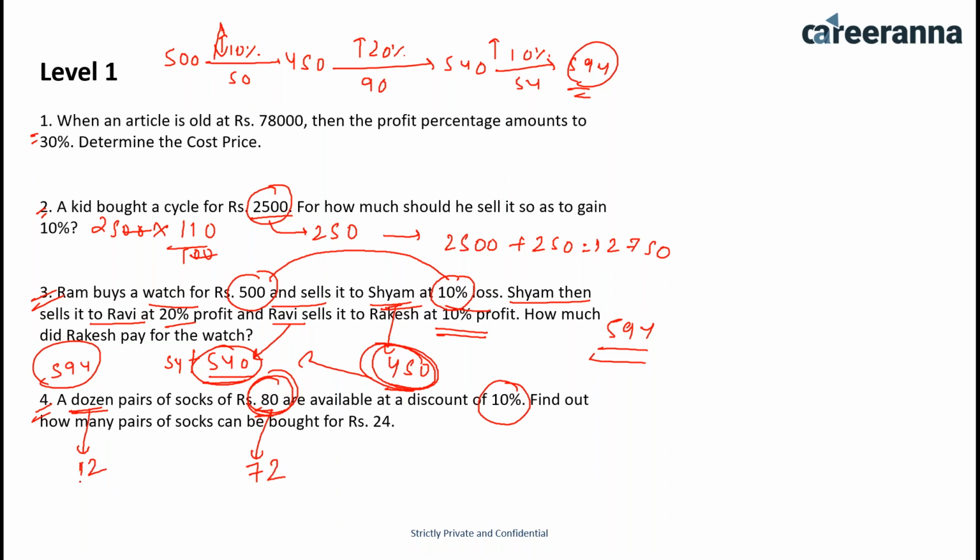So for 12 socks, it is 72. For one sock, it is 6 rupees. Then in 24 rupees, how many socks can we purchase? 4 pairs. Is it clear? How can I do it? 24 by 6 equals 4 pairs.